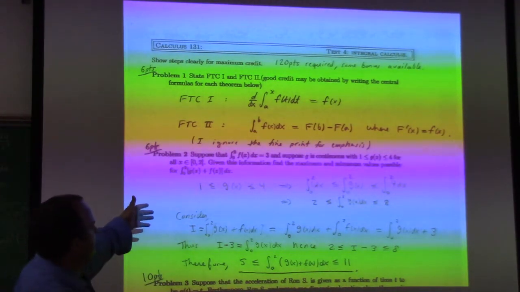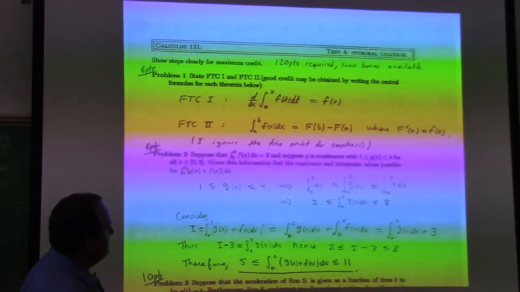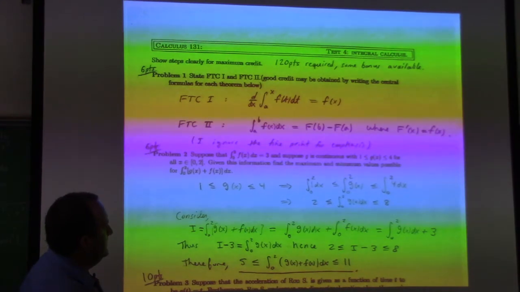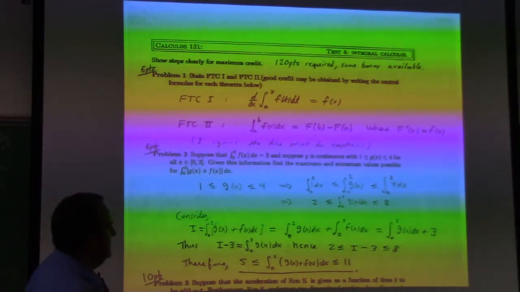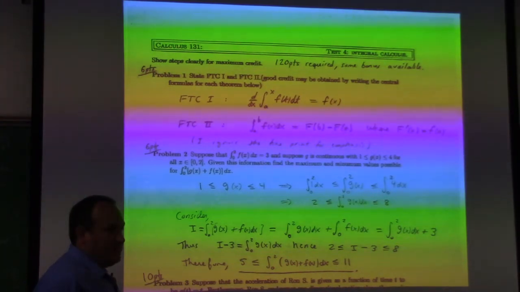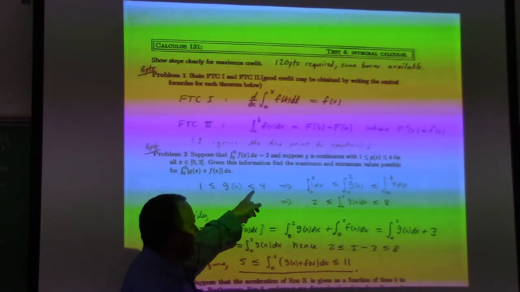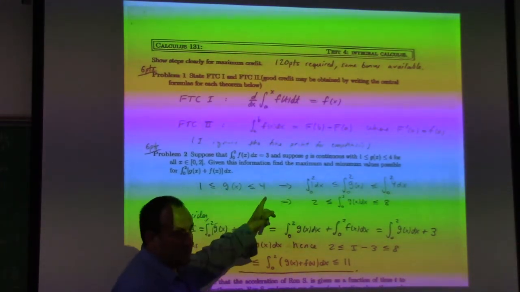This one here is just like that homework problem you had, where I gave you an integral and told you another function was odd and asked you to do that integral. So here this is based on using that property of definite integrals, that it respects inequalities, remember, like 1 less than g less than 4 means that the integral of 1 is less than the integral of g is less than the integral of 4.